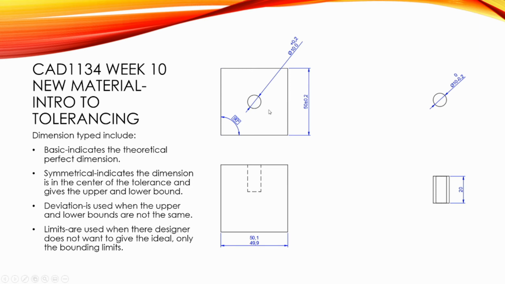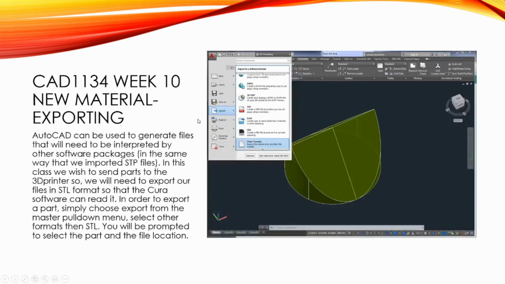Okay, so I need to tolerance this, so that when they drill the hole, I'm allowing the drill to wander a little bit so it can get a little bit bigger, but never smaller. And I'm dimensioning the pin so that it can be ground or turned a little bit smaller, but never bigger. And the idea is that I always want the pin to fit in the hole. Okay. So we're going to go back to the previous slide here.